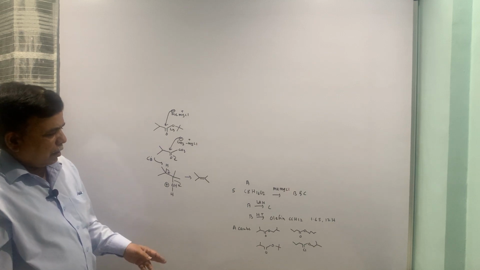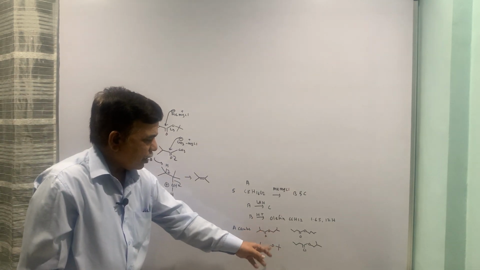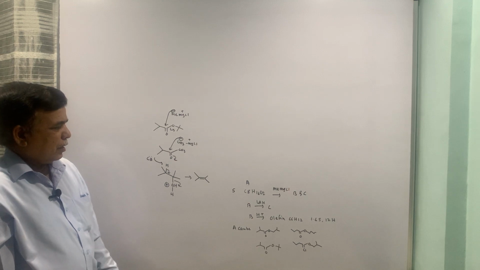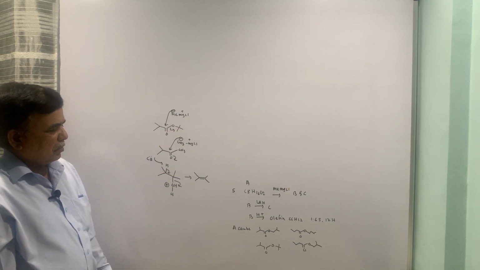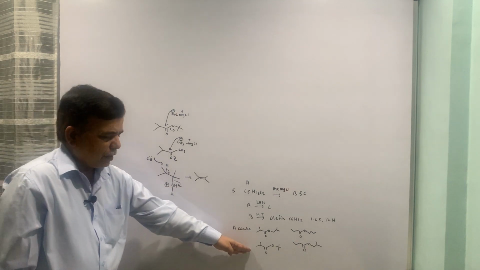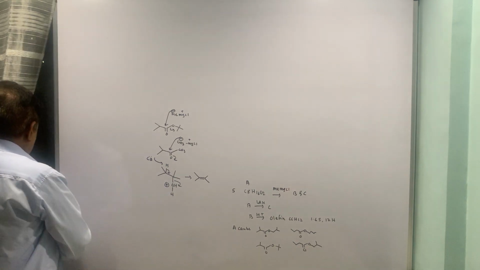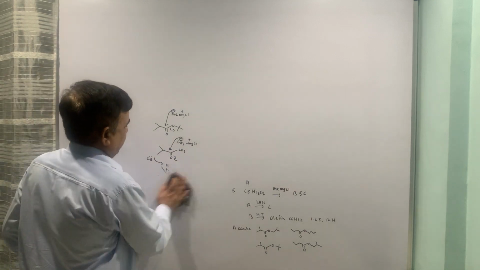And now out of these two groups the better leaving group should depart. Tertiary butyl alcohol is probably easy to go, so that is why I am putting this as the option. So, that is the structure.